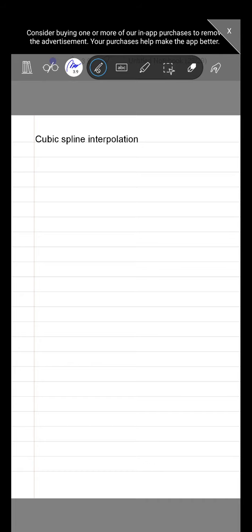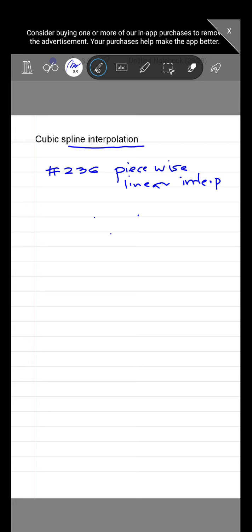So in our previous lecture, lecture number 236, we started discussing spline interpolation and piecewise linear interpolation, where we are matching the discrete points through matching the different slopes for x and f.